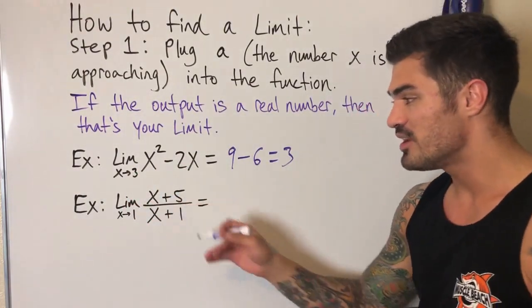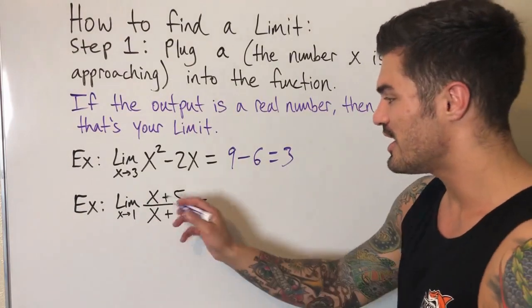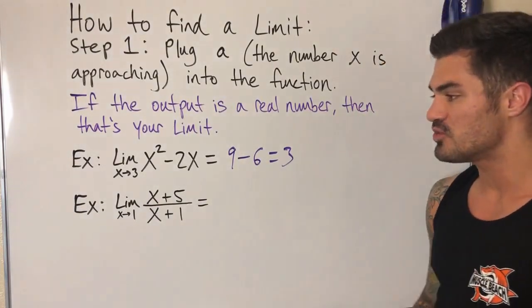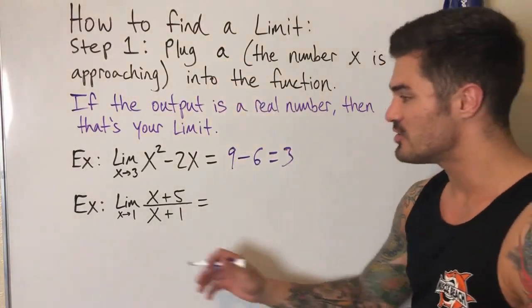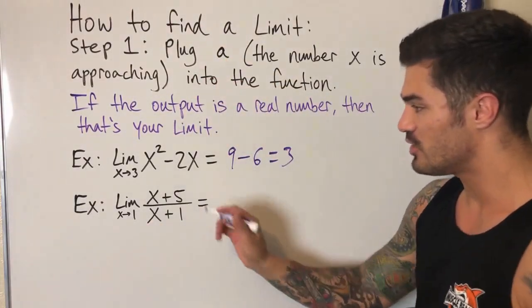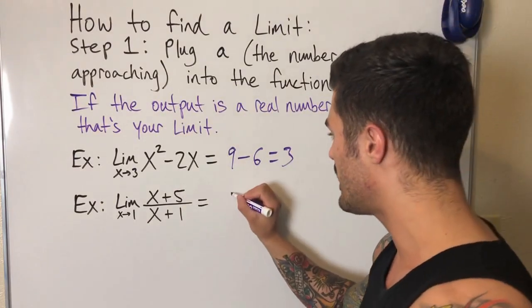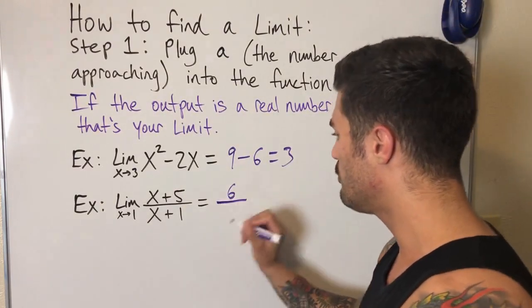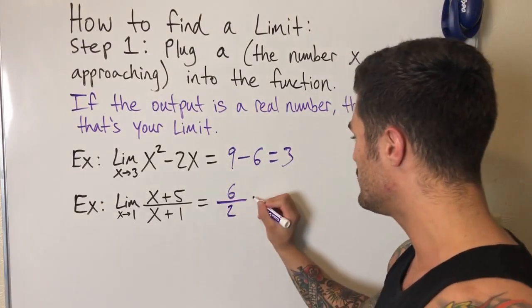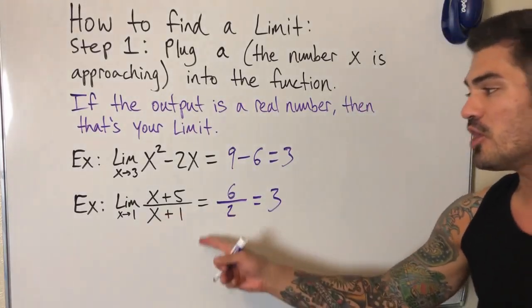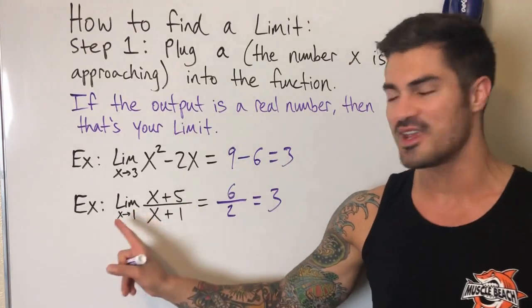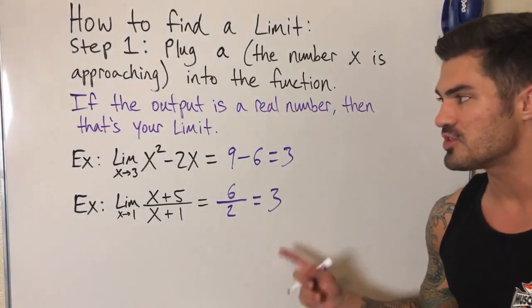Now I have a rational function: the limit of (x plus 5) over (x plus 1). I'm plugging 1 into this function because that's what step 1 says to do, plug a into the function. I get 1 plus 5, that's 6, over 1 plus 1, that's 2. This can be simplified to 3. So the limit of this rational function as x approaches 1 equals 3.